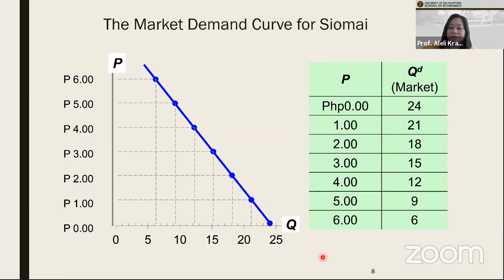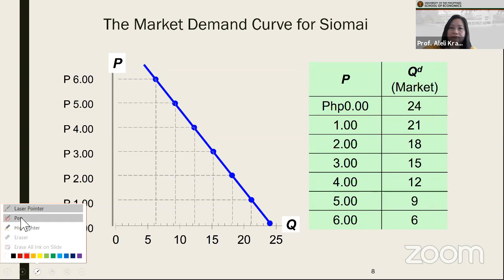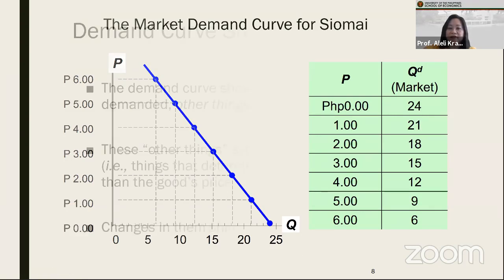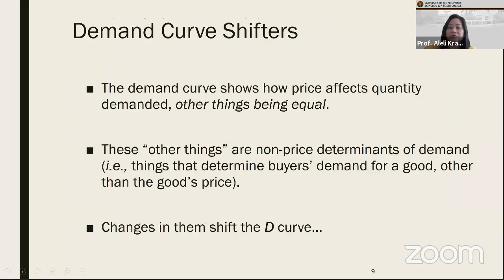Now, we know that the price is not the only factor that affects demand. When we plot the quantity demanded vis-a-vis the price, we are assuming that all these other factors are at a particular level.